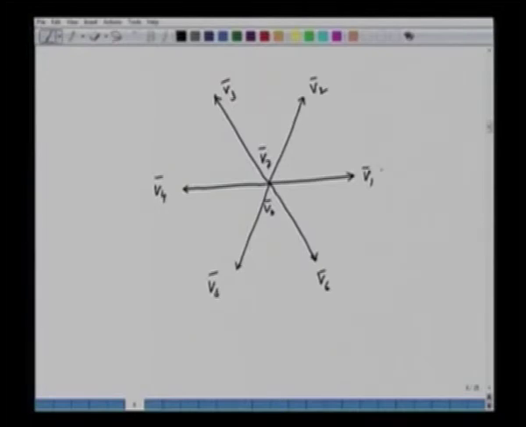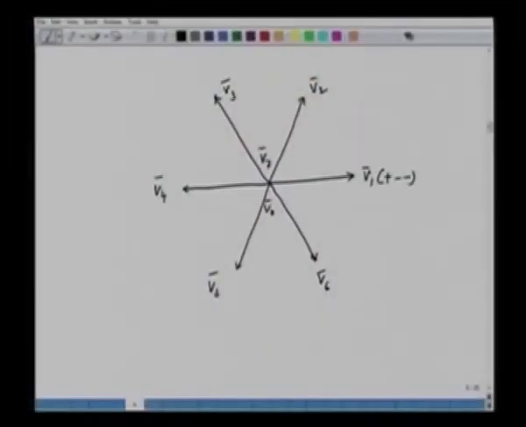If you remember, each voltage vector was associated with some switch condition. For example, V1 was associated with plus minus minus, which means the phase A upper switch was turned on, and the phase B and C lower switches were turned on.